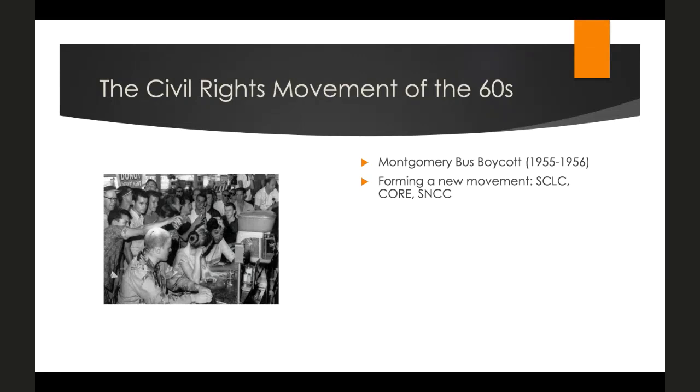So here we have iconic photos of SNCC activists trying to desegregate lunch counters by simply asserting their rights to full and equal protection and equal rights to public businesses, despite being harassed by the crowd here.